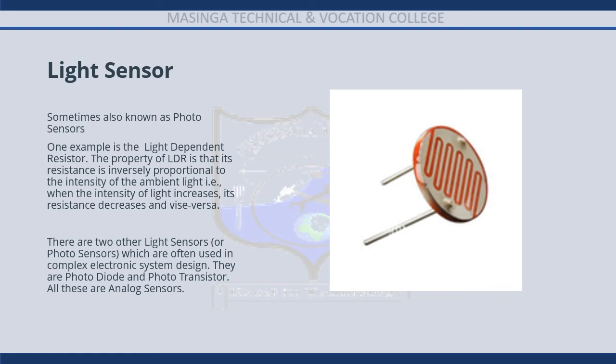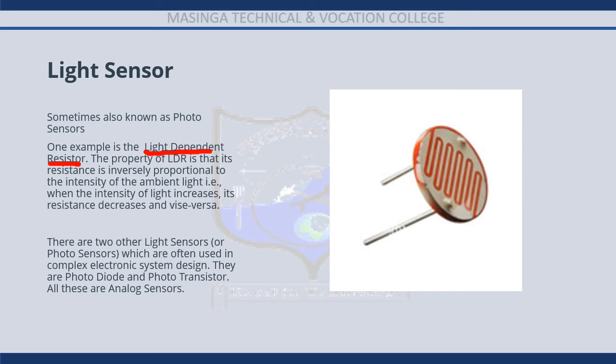Now, in the light sensor, light is used to produce a change in the sensor. The most common example is a light dependent resistor, LDR. The LDR is a variable resistor which changes based on the light. The more light there is, the less resistance this resistor has, and vice versa.